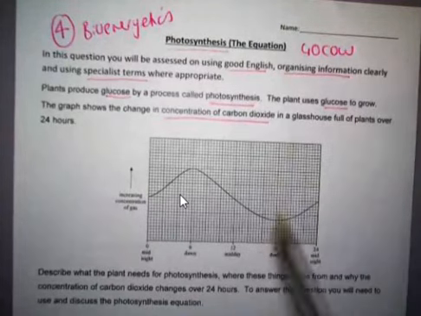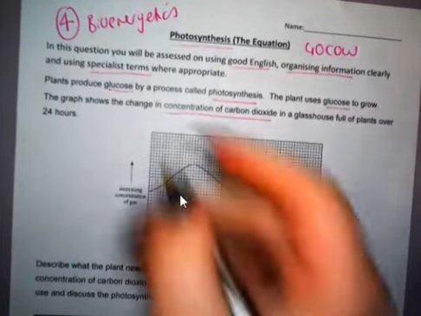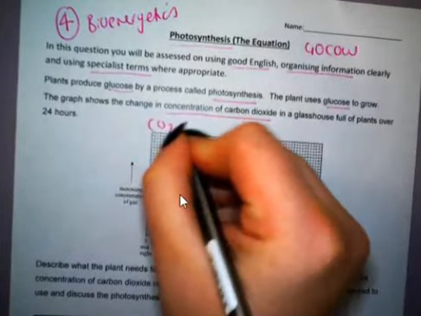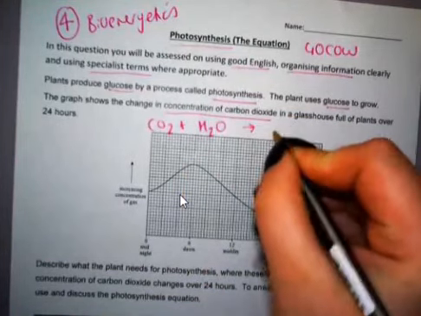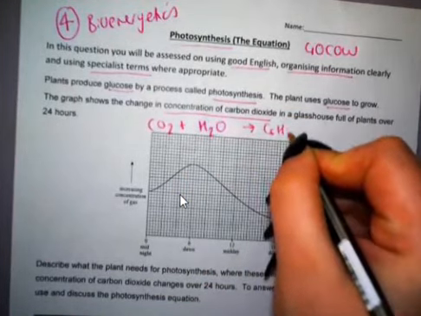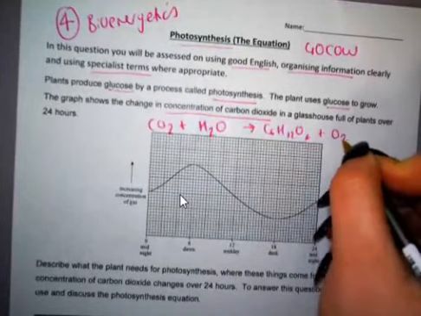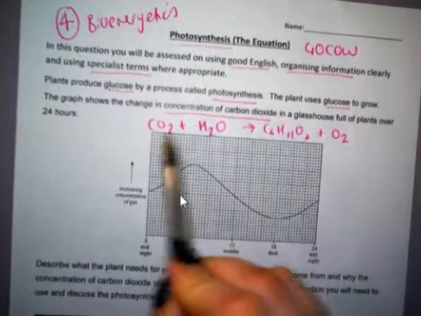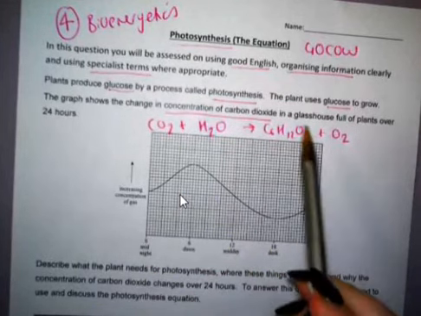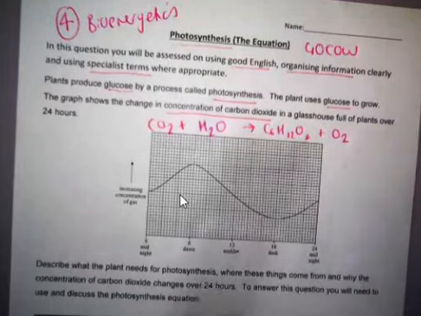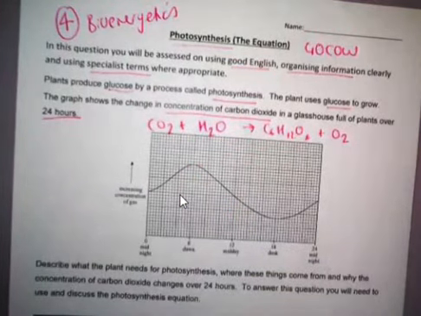Now I know in the photosynthesis reaction, because it's the opposite of GoCal, it takes in carbon dioxide and water, and the products are glucose and oxygen. So I know the concentration is going to go down as photosynthesis occurs. In a glass house full of plants over 24 hours, just over one day.